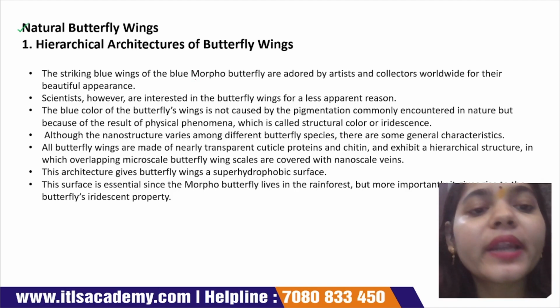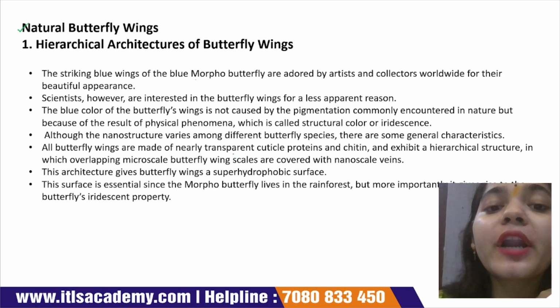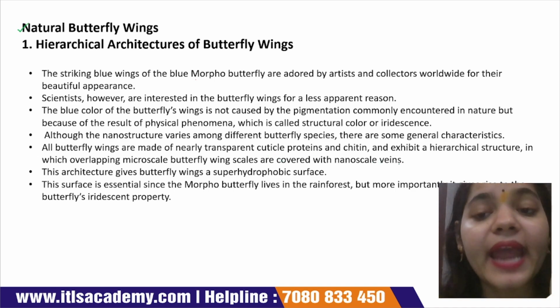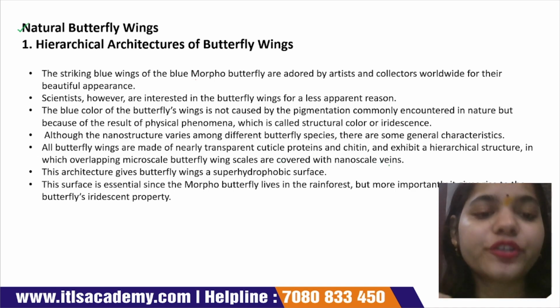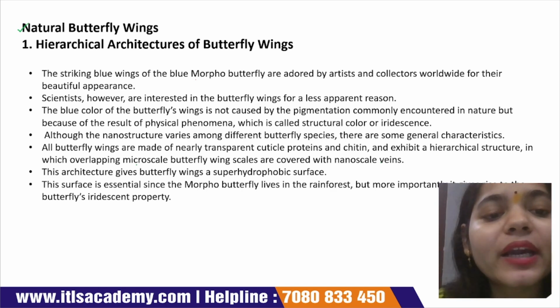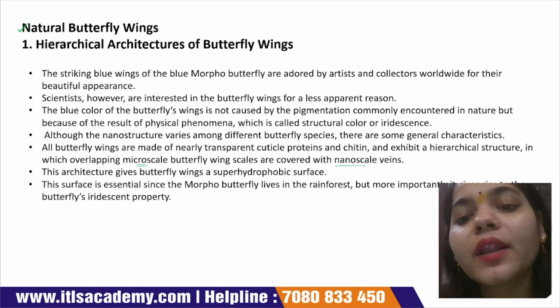Butterfly wings are made up of transparent cuticle protein and chitin, and exhibit a hierarchical structure in which overlapping microscale wing scales are covered with nanoscale structures.